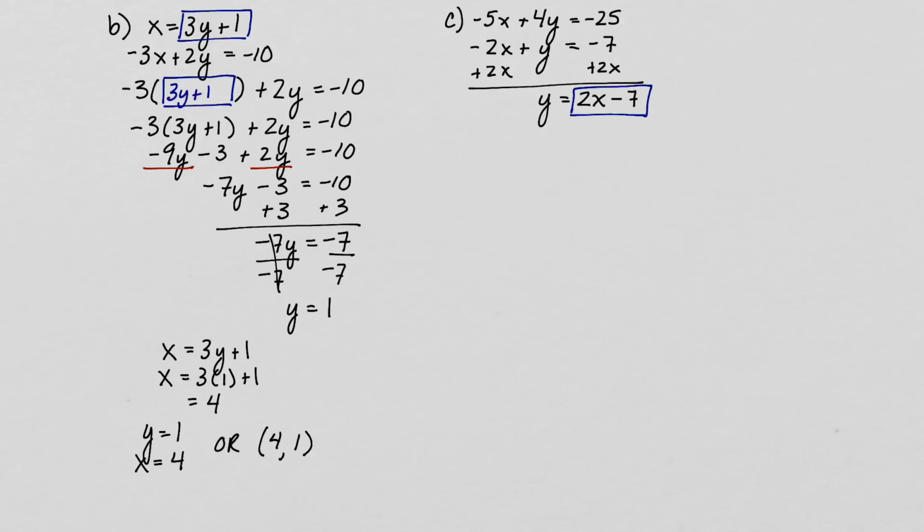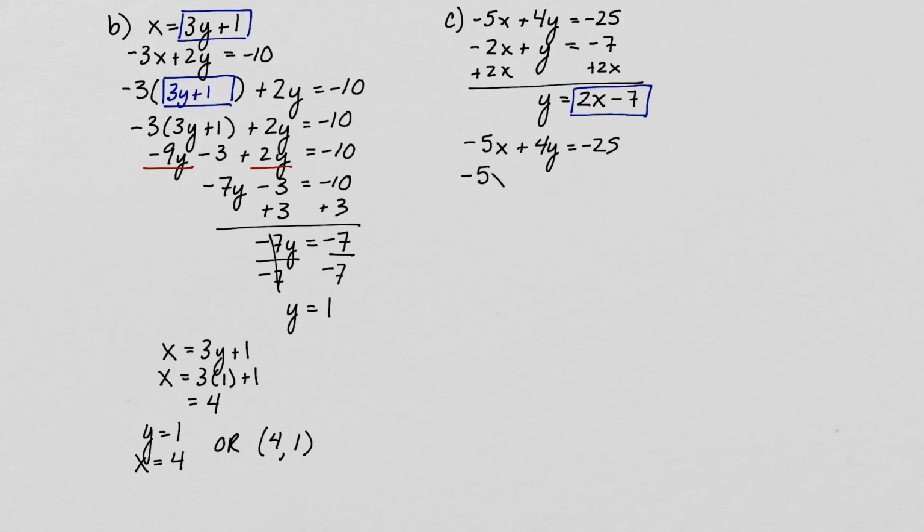And I'm going to take the other equation that I haven't used yet, this first one, and I'm going to plug all the stuff that's in this box in for y in this first equation. So we're going to have, just to rewrite it, minus 5x plus 4y equals negative 25.